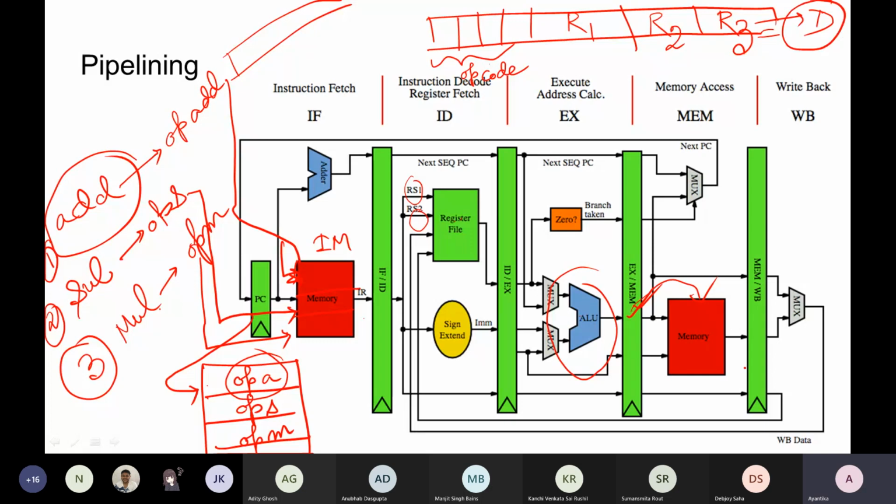If not, the value will go back. You can see here, there is a back path. This path will go and store the value back to your register.